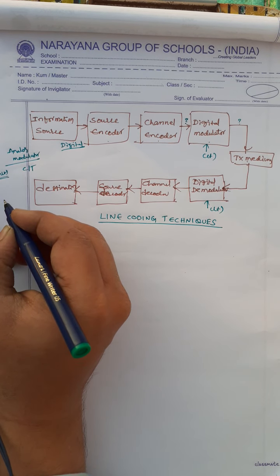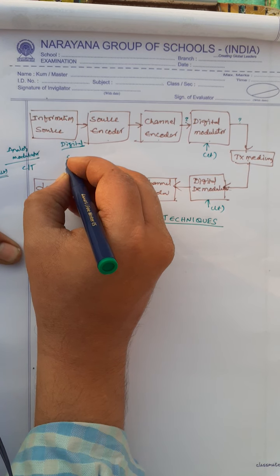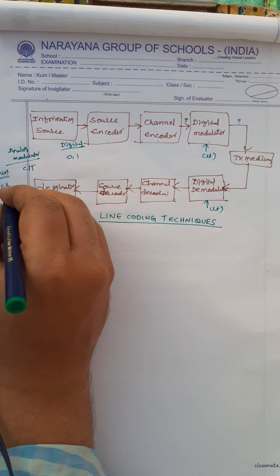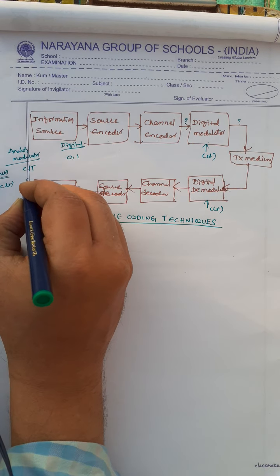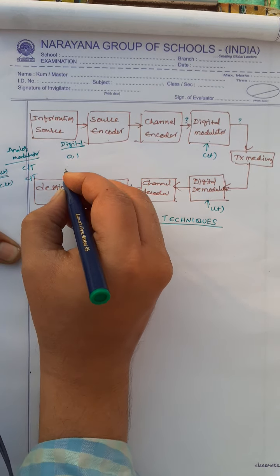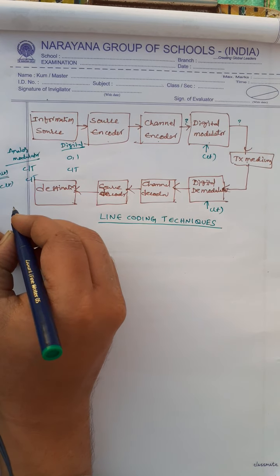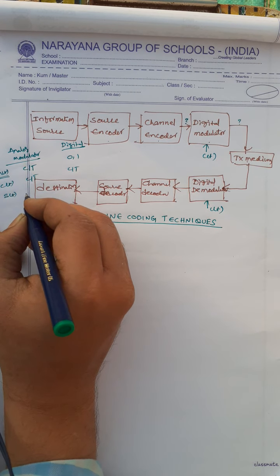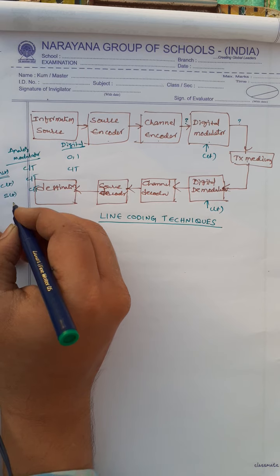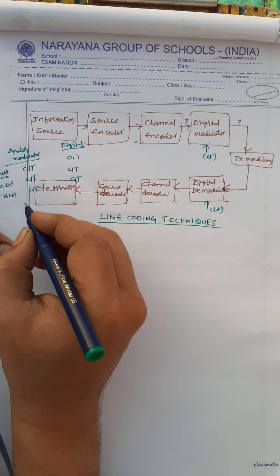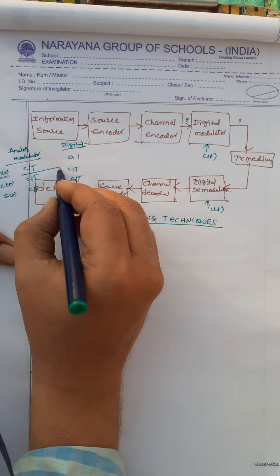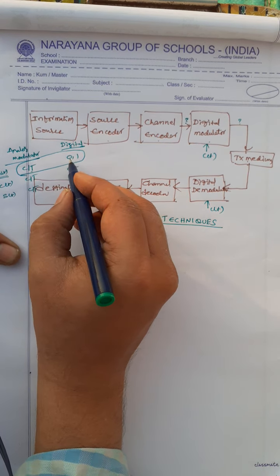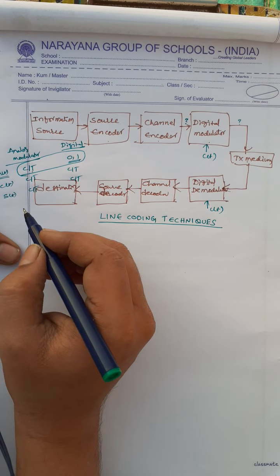In digital modulators, the input signal is in binary format, zeros and ones. The carrier signal in an analog modulator is continuous time, and in a digital modulator it is also continuous time. The modulated signal s(t) in an analog modulator is continuous in time, and in a digital modulator it is also continuous in time. The main difference is that the input in an analog modulator is a continuous time signal, and in a digital modulator it is in binary format.